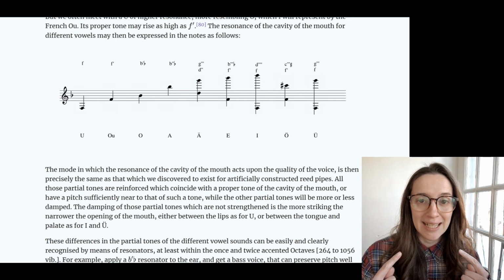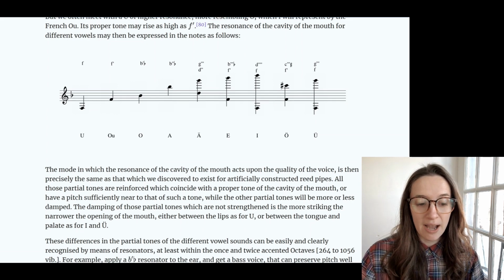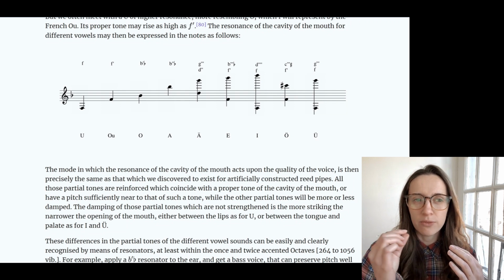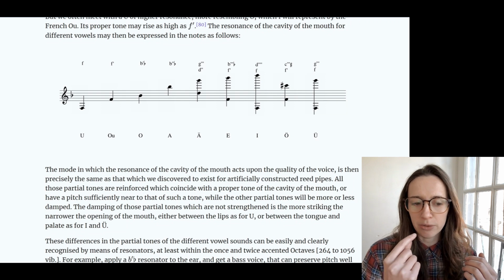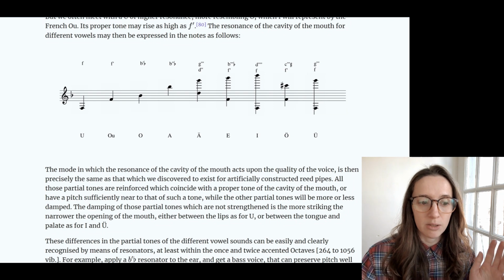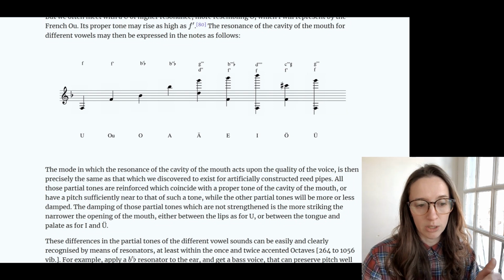A, E. And these tones have two proper tones, one for the back of the throat and one for the constriction point by your tongue and your mouth. So the resonant tones split, one going up in pitch and one going down.